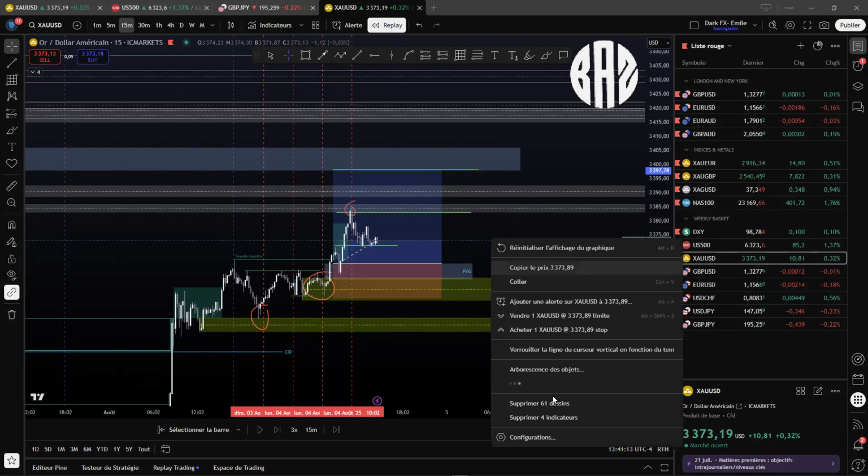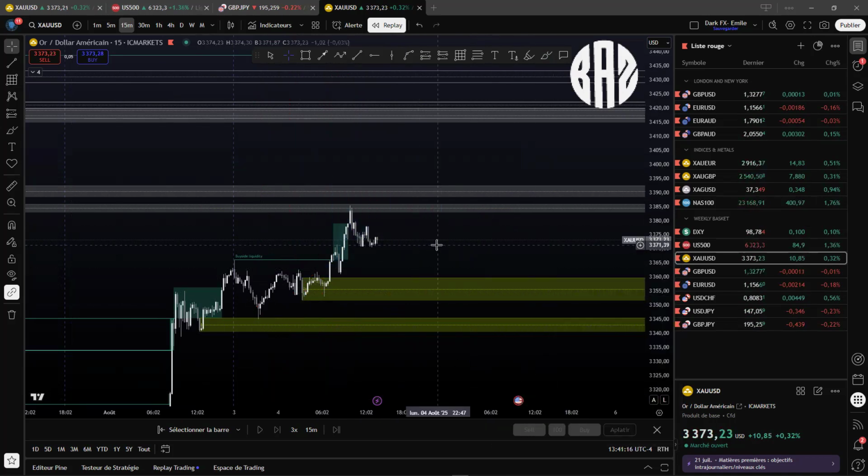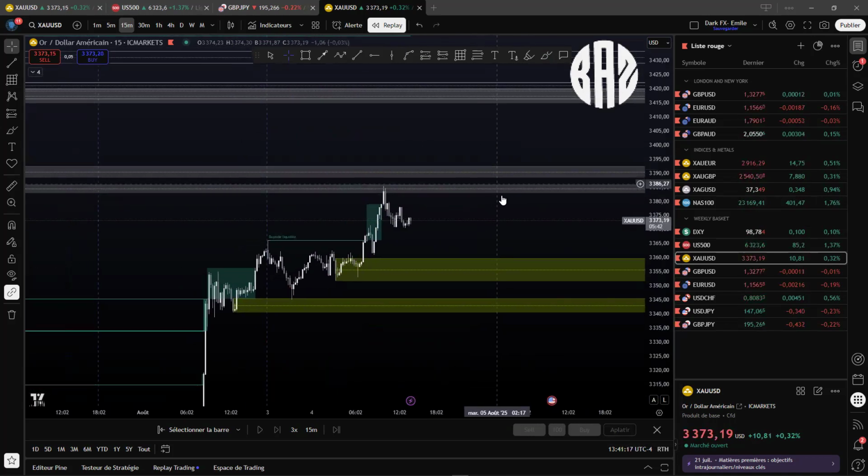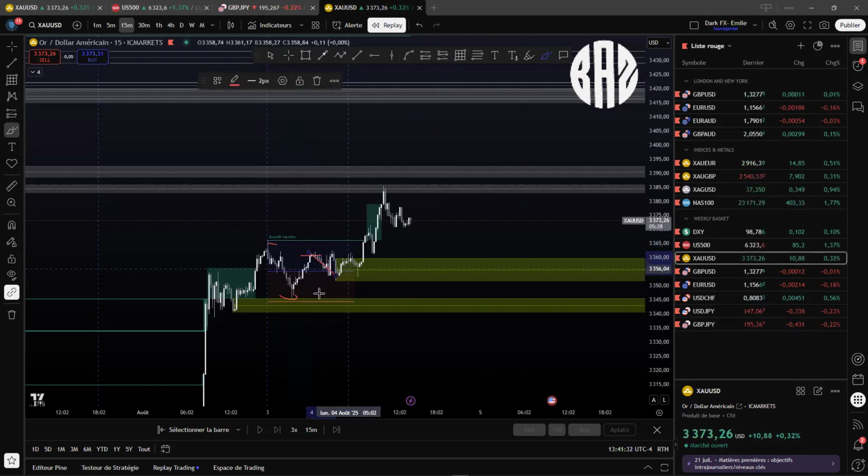Because all of this, if I just take everything out, is just market structure. Remember, this is a low, this is a high. This was premium and discount. What did we have here? A drop, but this drop respected the discount level. And then when we broke this structure, again, price continued higher.